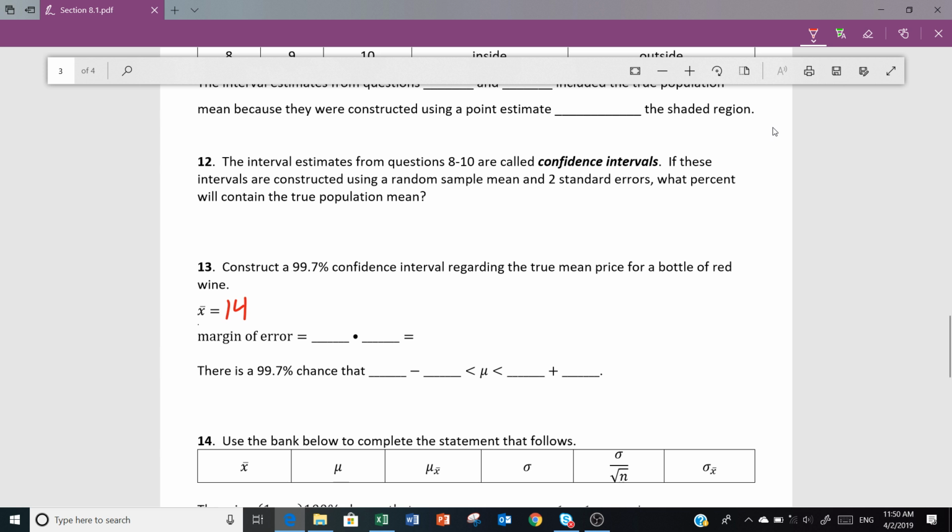So we took 3 and multiplied that by the standard error, 21 divided by the square root of the sample size, which is 36. That's 3 times 3.5, which was 10.5. And then we did 14 minus 10.5, and then 14 plus 10.5. Do you guys remember doing this last class?